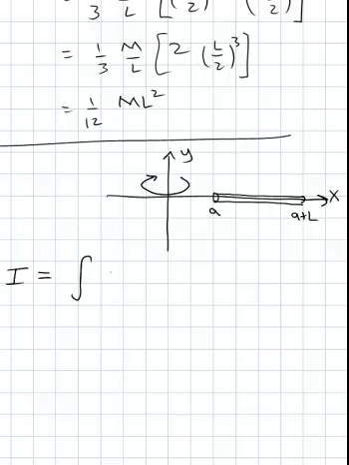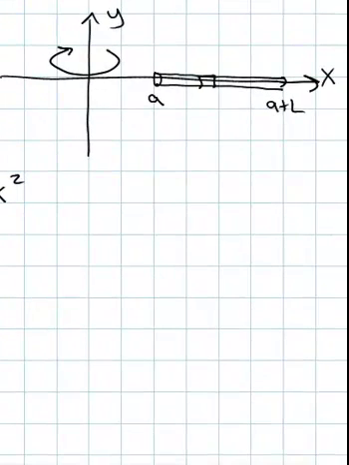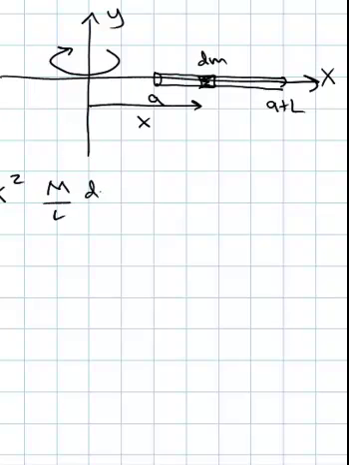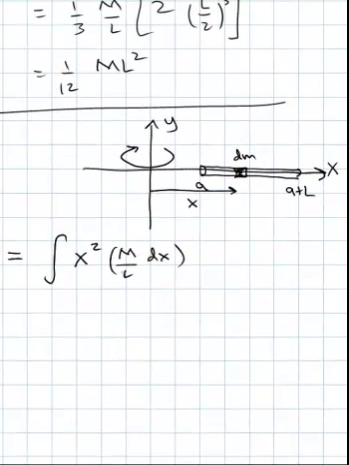The integral, again, it's going to be x squared because here's our small chunk dm, and it's located a distance x from the axis of rotation. And our dm is m over L dx because it's uniform density, and we're integrating from a to a plus L.